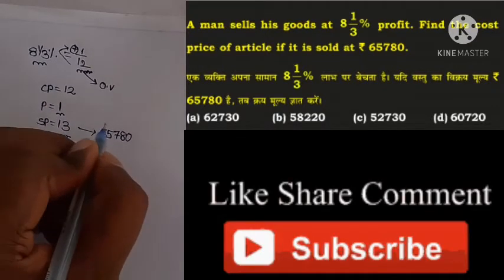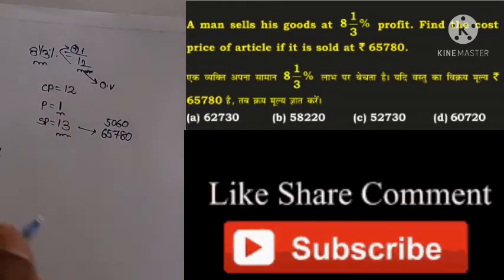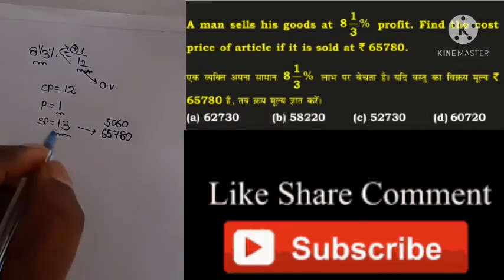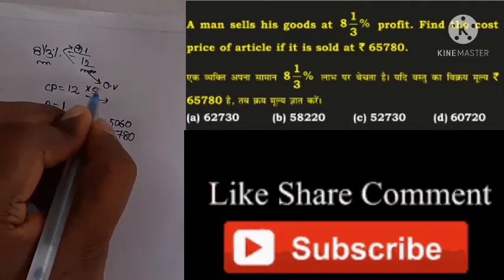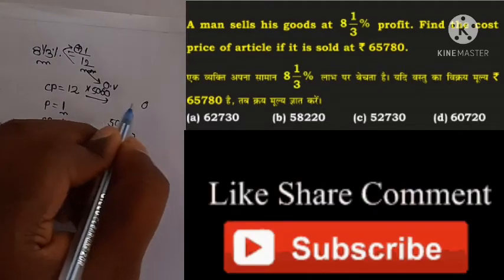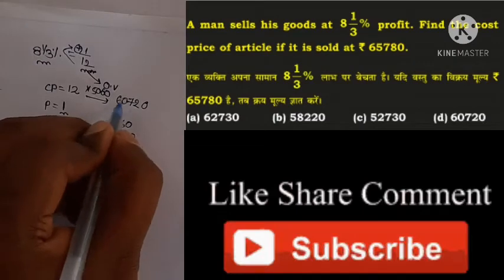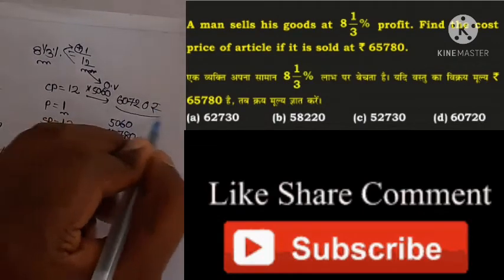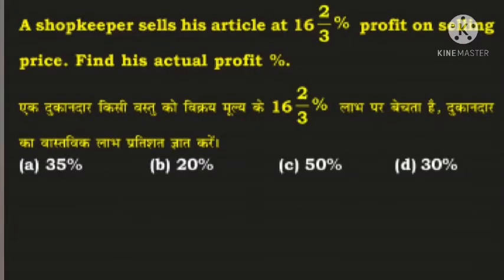So 1 unit represents 5060. So what is CP? So 12 units represent 12 into 5060. So value is 60,720.